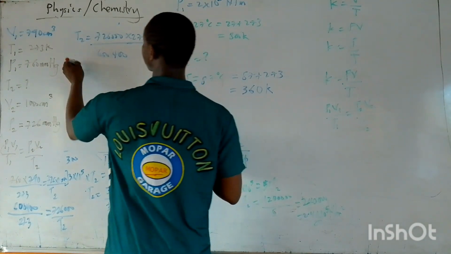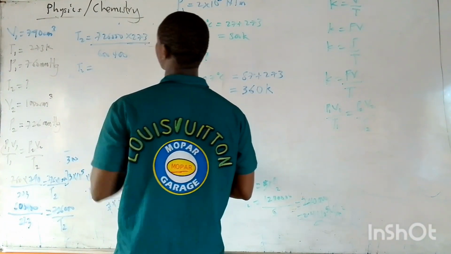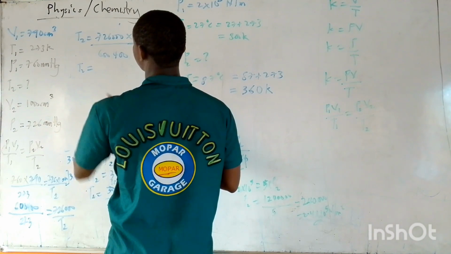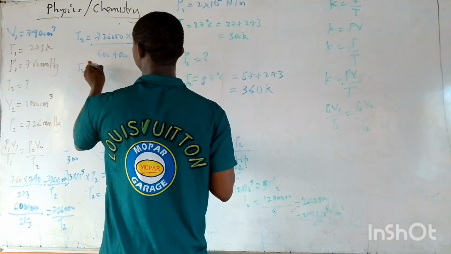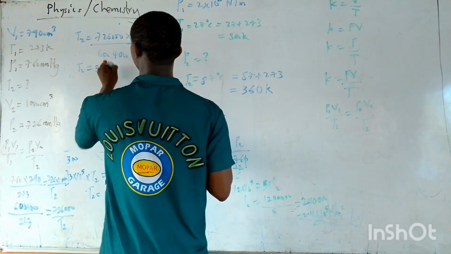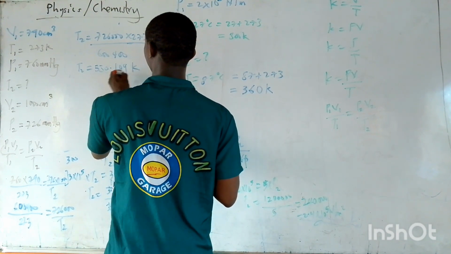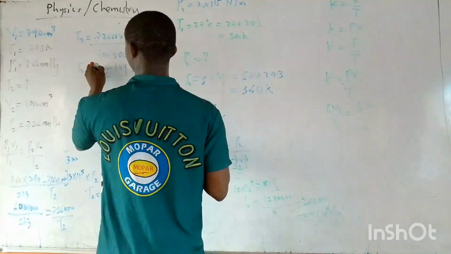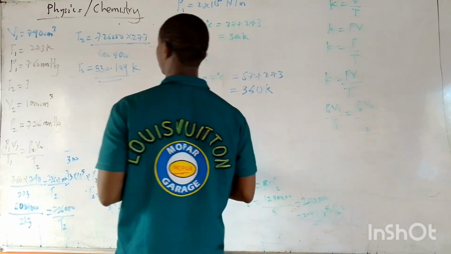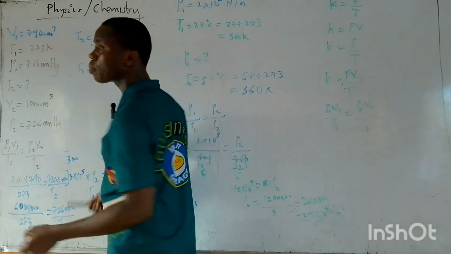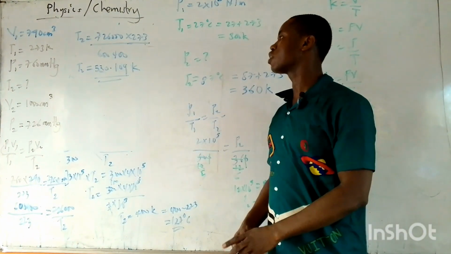So T2 will now be equal to 300.109 Kelvin. If we approximate it, yes, we get it.